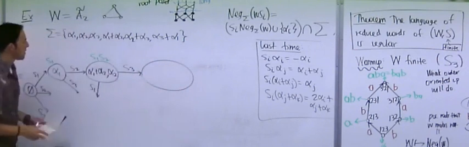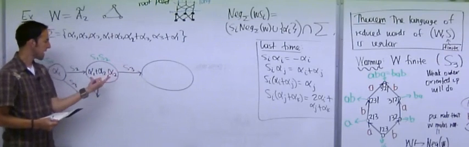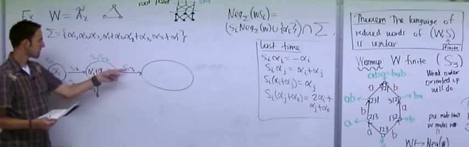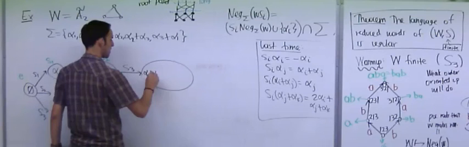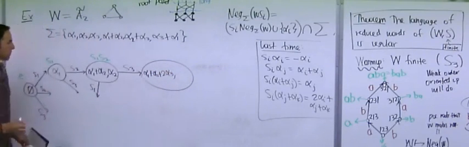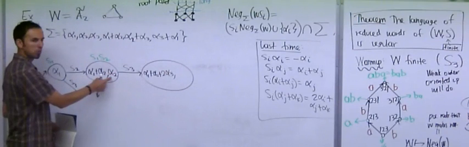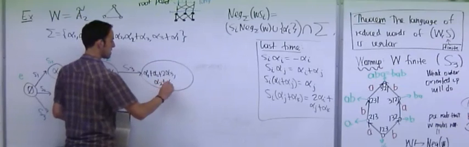Okay? And then you say, okay, well, first, I make S3 act on these things. S3 acting on alpha 1 plus alpha 2 gives me alpha 1 plus alpha 2 plus 2 alpha 3. S3 acting on alpha 2 gives me alpha 2 plus alpha 3.